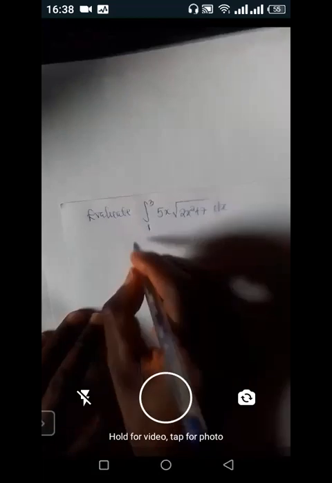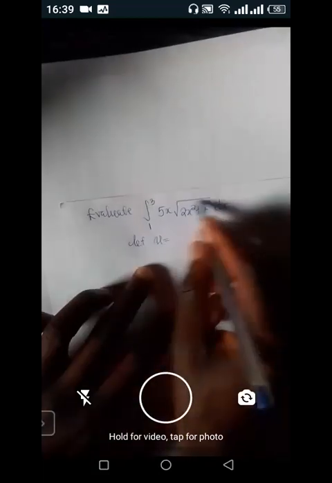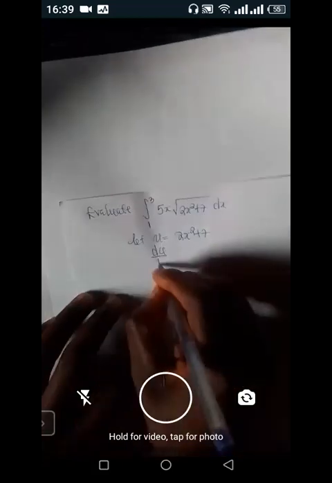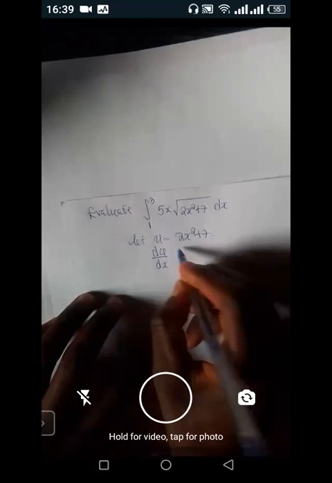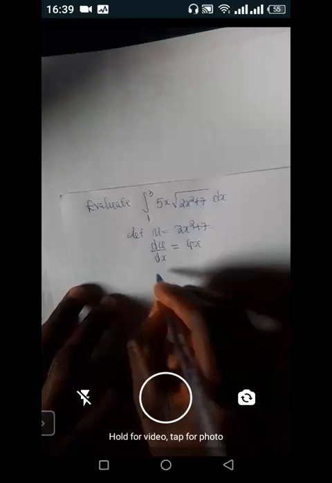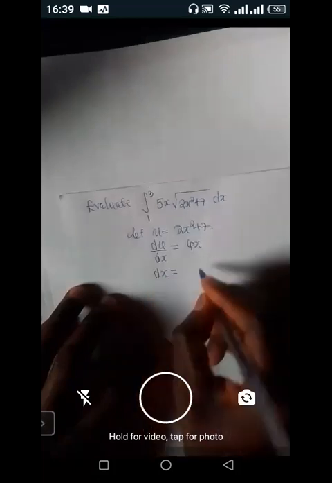So here we need first to integrate this. We let our u be equal to what is inside: 2x squared plus 7, and then your du will give you 4x, so that your dx is equal to du over 4x.